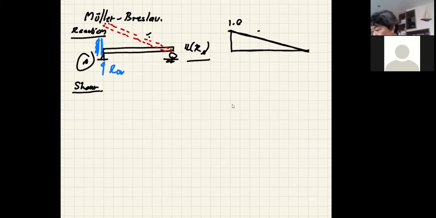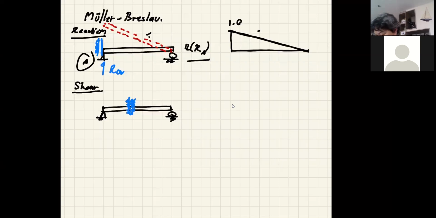Again, if I have the simple beam and I want to know the shear somewhere along the beam, I'm going to allow the shear to move freely by adding a roller there.